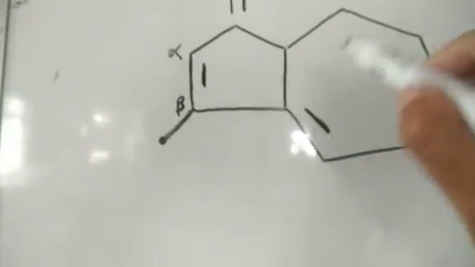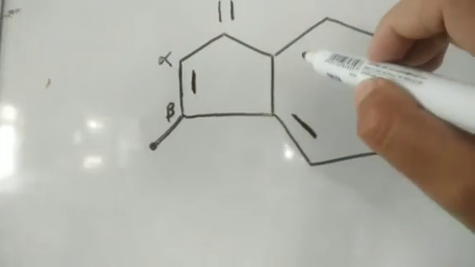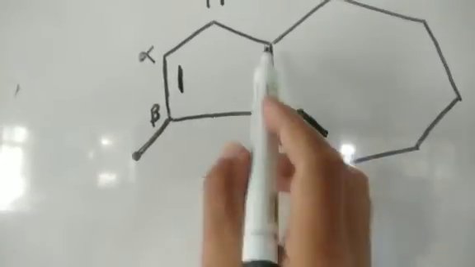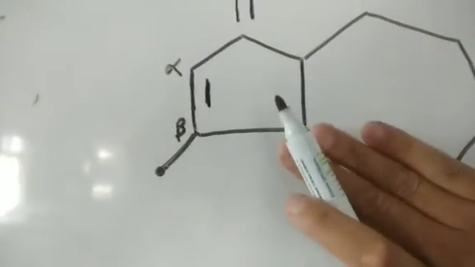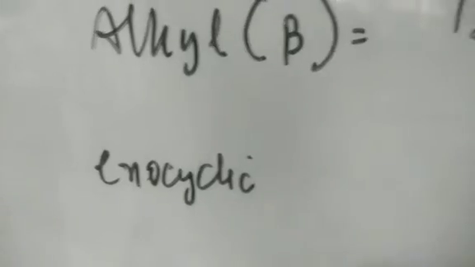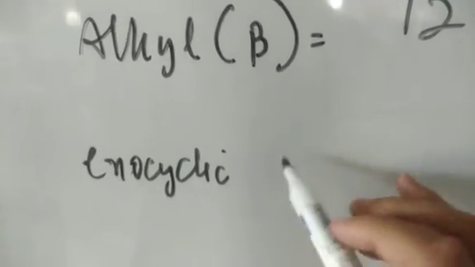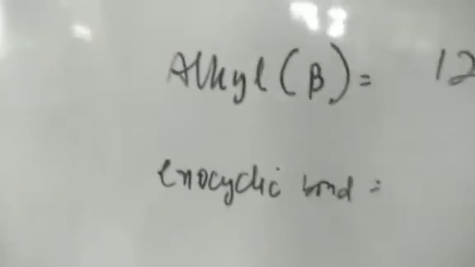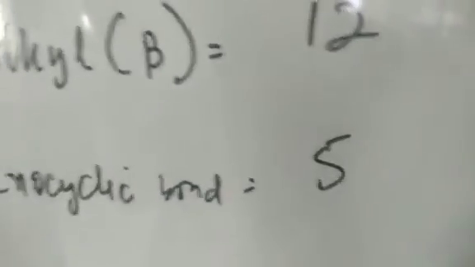After that, if there's anything more, now if we look, this is a ring here. This is an exocyclic double bond. Considering this ring, this bond is exocyclic to this ring. So we have one exocyclic double bond. The contribution of an exocyclic double bond, as we saw previously, is 5.